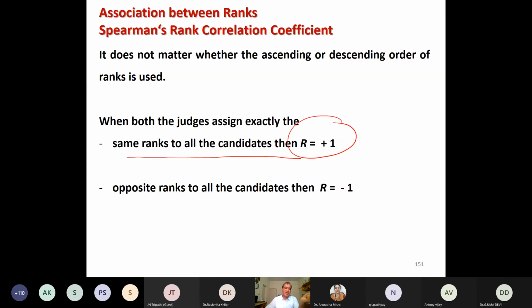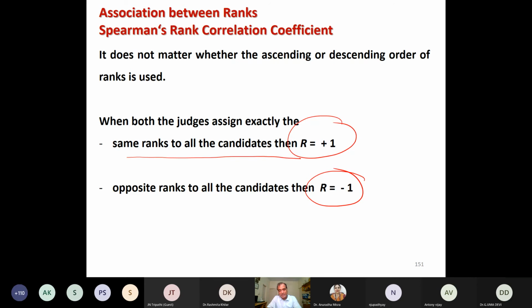And if the opposite happens, that I give the highest rank and the other gives the lowest rank, then the correlation is going to be -1. And any value in between -1 and +1 will indicate the magnitude and the direction of the correlation coefficient.